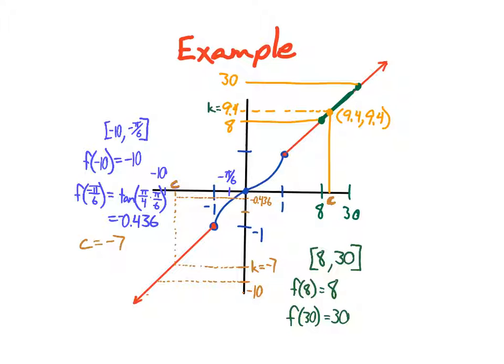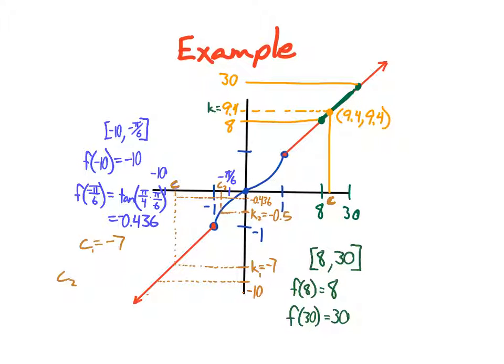Let's say we had a second value of k that was -0.5. Well, you would come over here and you would see, oh wait, we are on the tangent portion of that.